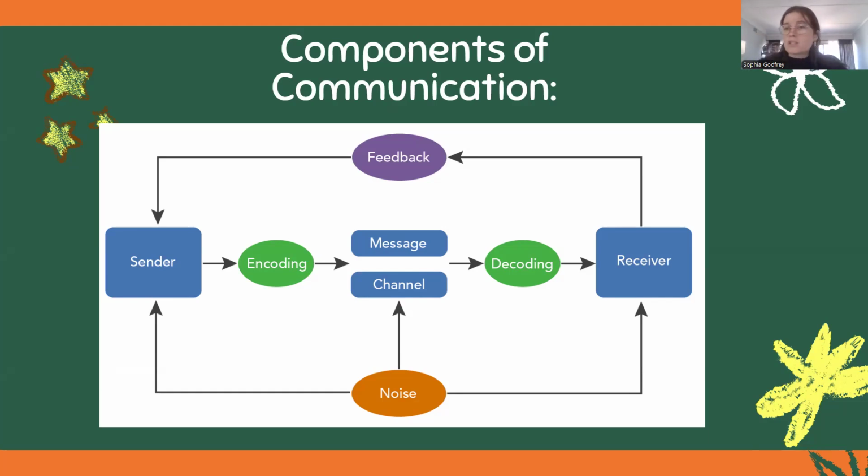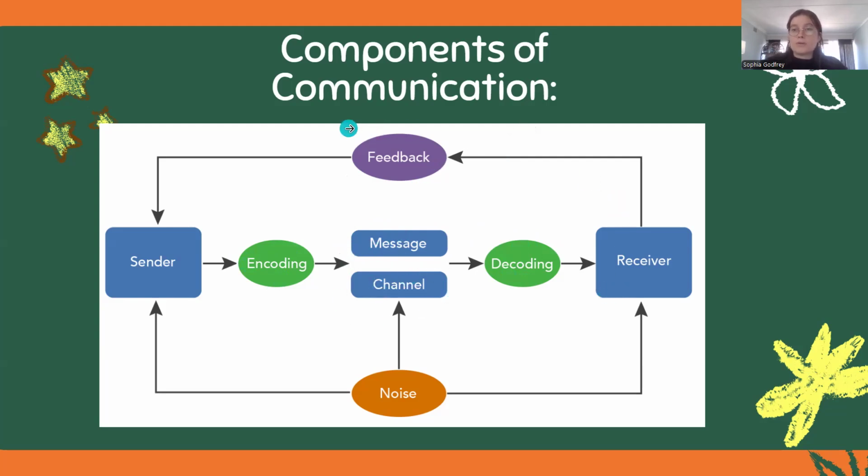But the channel could be over the phone, over FaceTime, social media, email, or over text. There are so many different things. It's just the method that the message is being sent through. So now we have the people, the creating and making sense of the message, the message itself, and the channel.